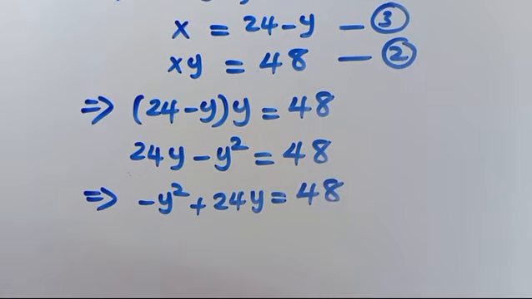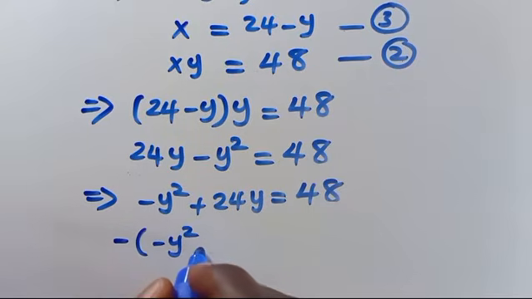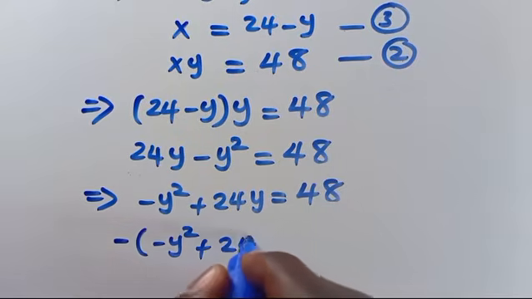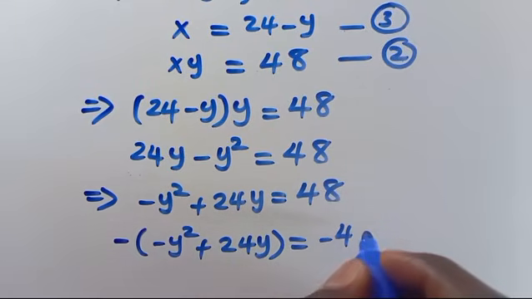Let's also multiply through by minus in order to make the highest power positive. So where we have minus, open parenthesis, minus y squared plus 24y, here will be minus 48.